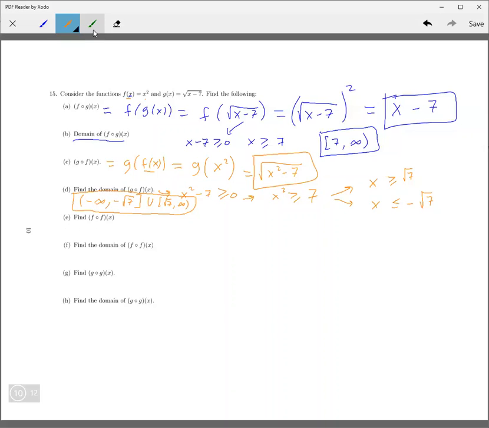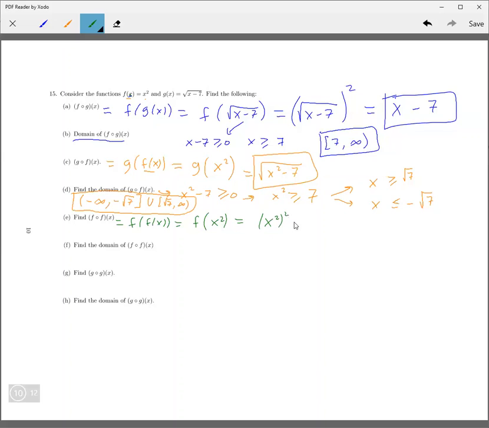Okay, now f of x. That's f of x. This is x squared. And then this x got replaced with x squared, so this x gets replaced with an x squared also.